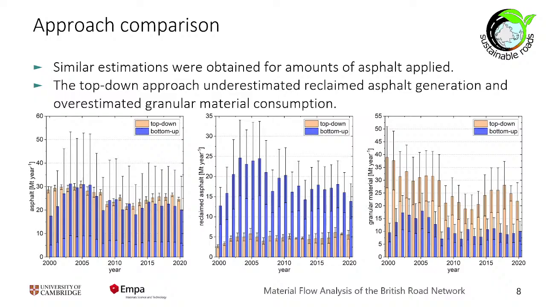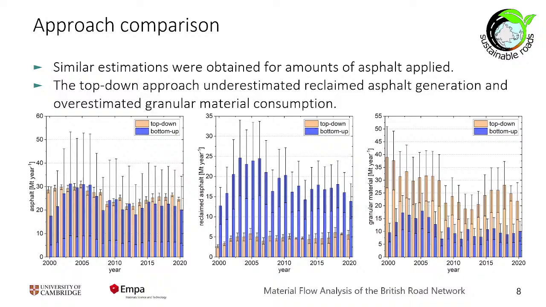Whereas when we look at how much asphalt is actually recycled, or not recycled, comes out of the system, the top-down approach actually underestimates it, whereas the bottom-up approach showed there might be much more material coming out. Here a big difference is that the top-down approach relies on statistical data, and asphalt is often less reported in terms of how much actually gets out.